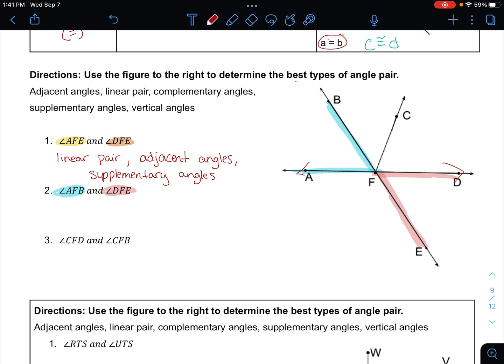So to double check, okay, I'm going to trace those lines. Oh, that forms a line, and this forms a line, so these are not touching, so they will be vertical angles. Okay. And I can't figure out any of these other ones because I wasn't given numbers for any of them.